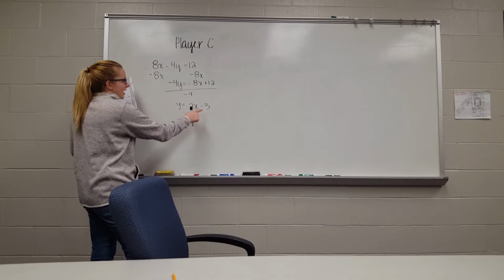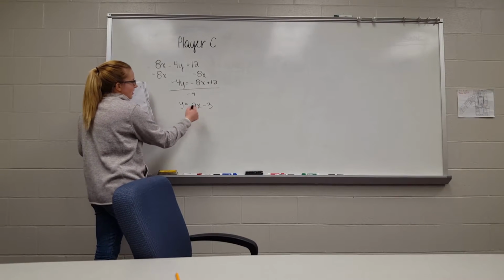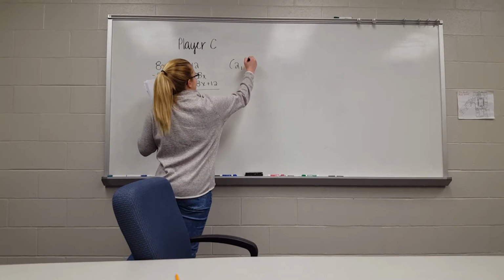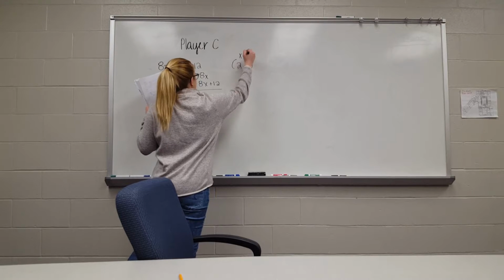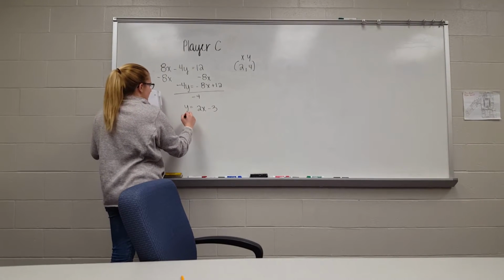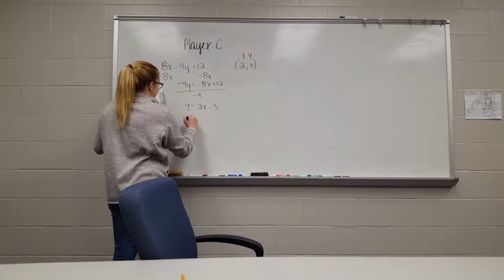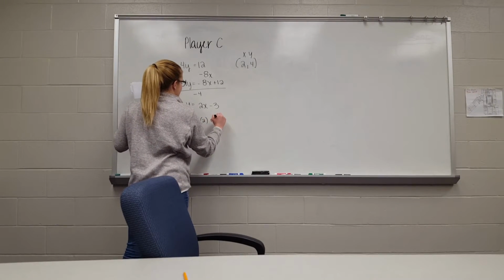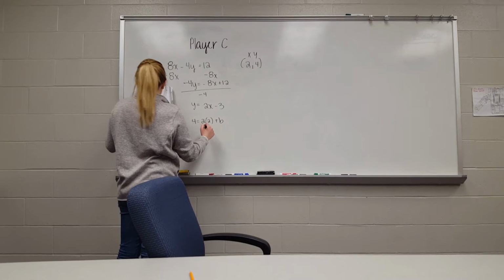And you need to find a new intercept. So you plug in the point that it gives you, 2, 4, in for x and y. And then you'll do plus b and solve for b.